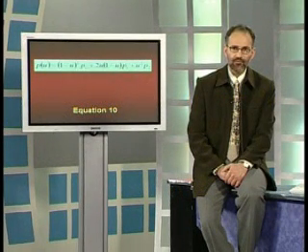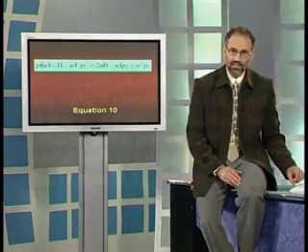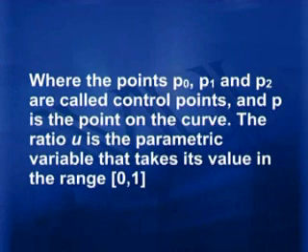Let's mark it as equation number 10, where the points p0, p1, and p2 are called the control points, and p is the point on the curve, the one that we are looking for.